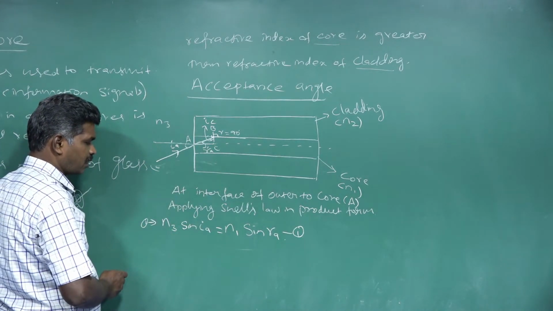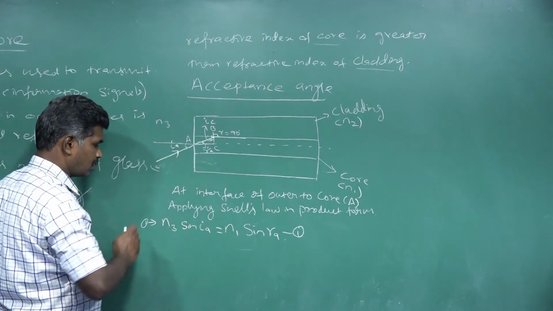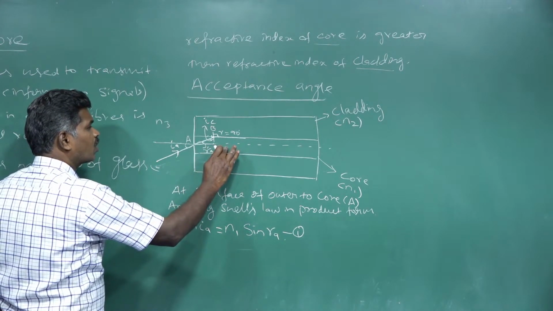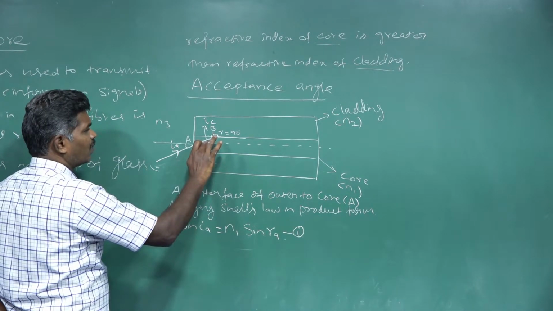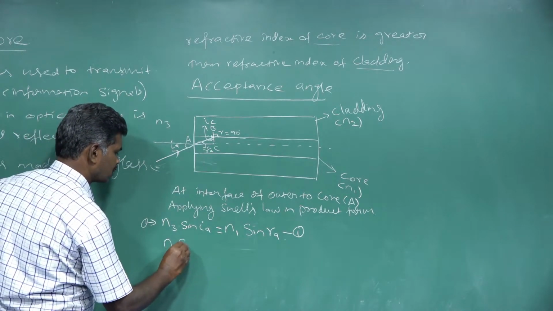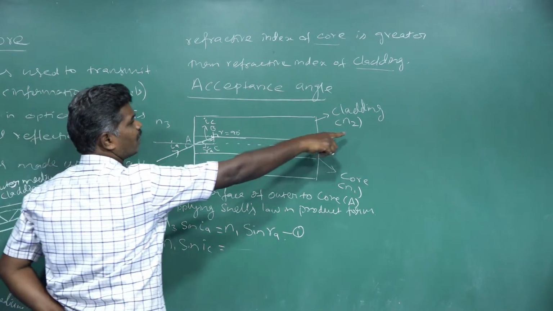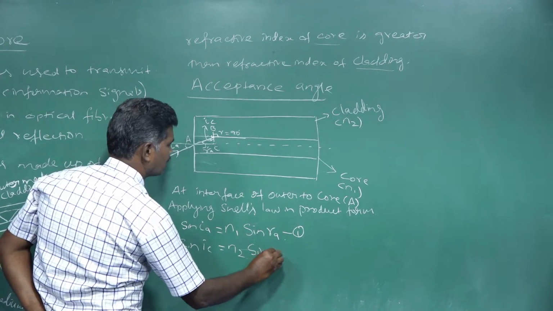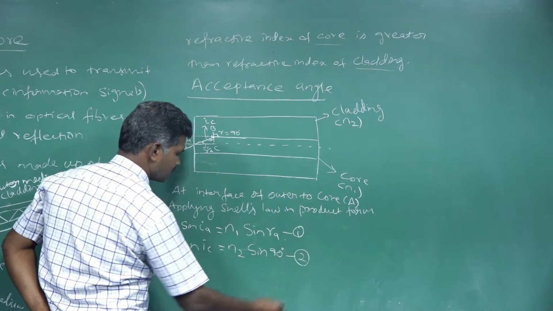Next we apply it at the core-to-cladding interface, at point B. There the core refractive index is n1, and the angle we use is IC. So n1 sine IC equals n2 sine 90 degrees, where n2 is the refractive index of the second medium. This is the second equation.